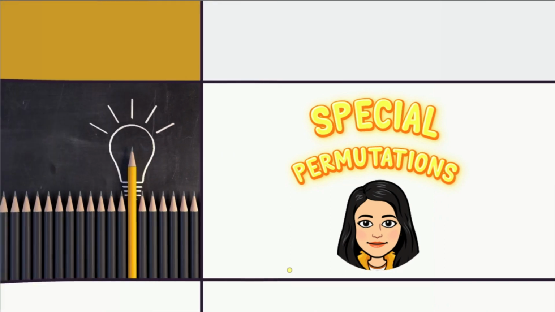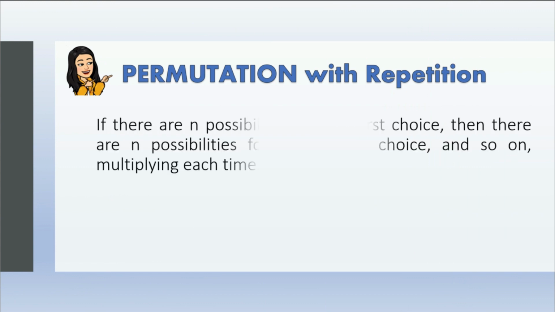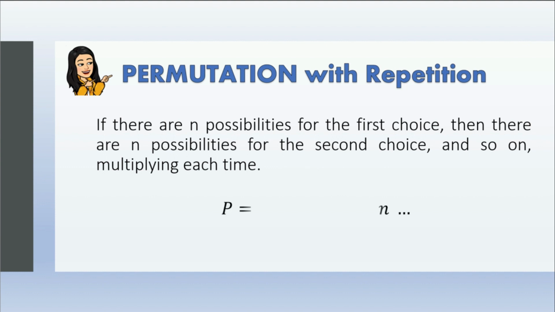Aside from the permutation of n objects taken r at a time, we also have the special permutations. The first one is the permutation with repetition. If there are n possibilities for the first choice, then there are n possibilities for the second choice and so on, multiplying each time.